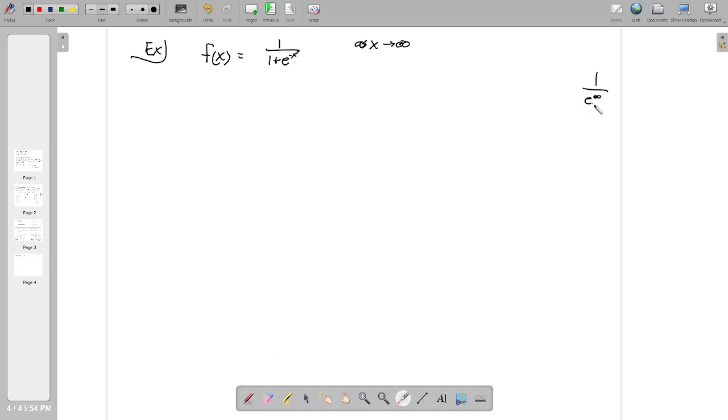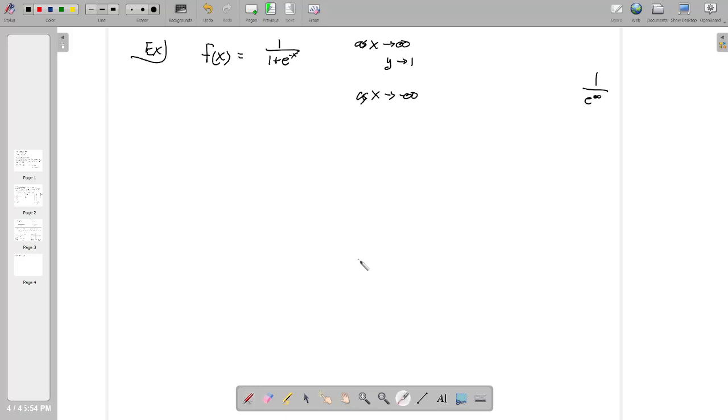Now e to the infinity, it's not really an infinity, but it's a very, very high power. This gets very close to 0. So you would have 1 divided by 1 plus 0. So y would approach 1 as x goes to negative infinity.